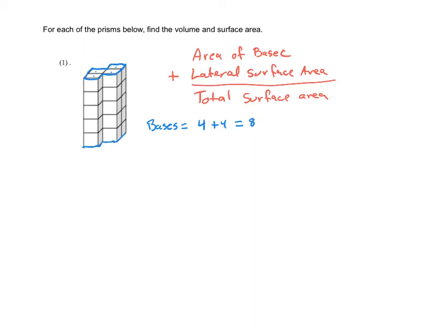Next, let's look at the lateral surface area. The lateral surface area is the area that goes around everything that connects the bases. In here, I can look at this side right here and try to find the area. All I need to do is count how many squares make up this side. So it's going to be 1, 2, 3, 4, 5, 6, 7, 8, 9, 10, 11, 12, 13, 14, 15.